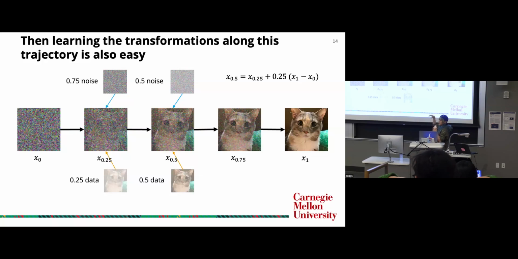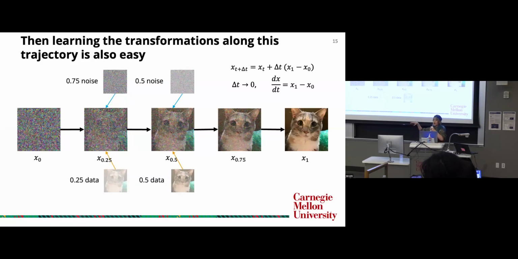And because the delta t is the same, we can write it in this way. Basically, the noisy sample at time 0.5 is equal to the noisy sample at time 0.25 plus how much time you want to progress, so 0.25 times data minus noise, right? So basically, generalizing it into t and delta t, this is what you should get.